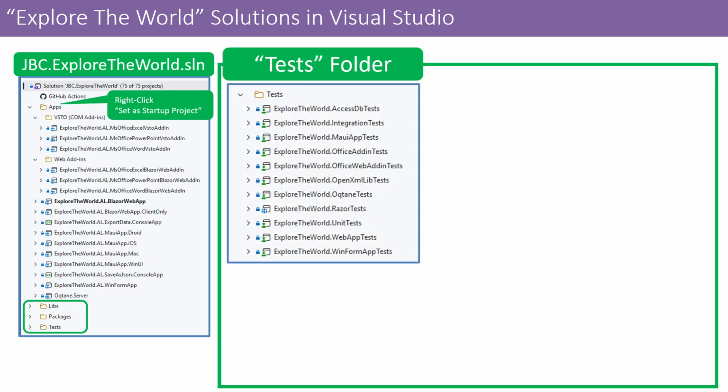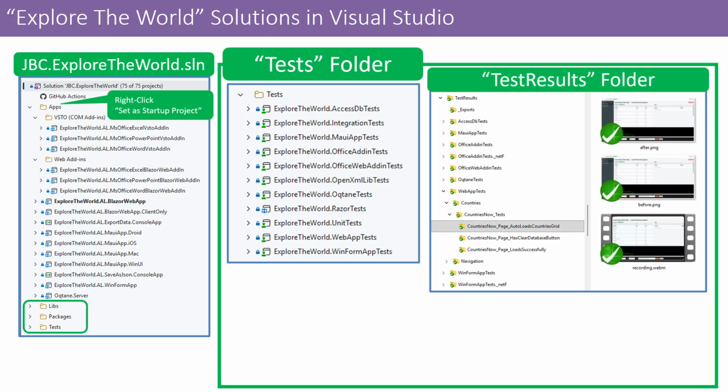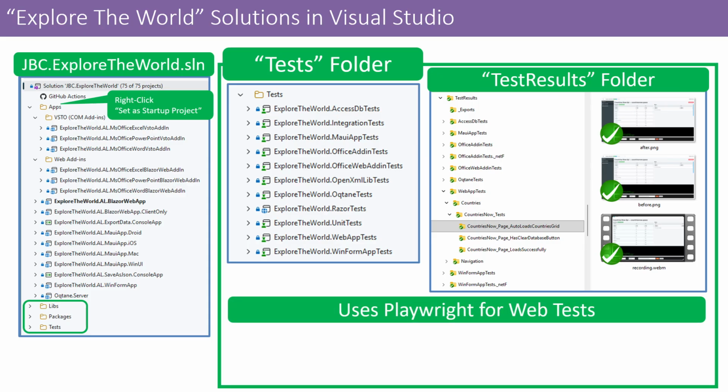And the test folder. There's a lot that is available when it comes to tests. We have web test, we have desktop test, and so on. The test folder is set up so that when you run a test, it'll output a before and after screenshot as well as a little recording, which is nice.